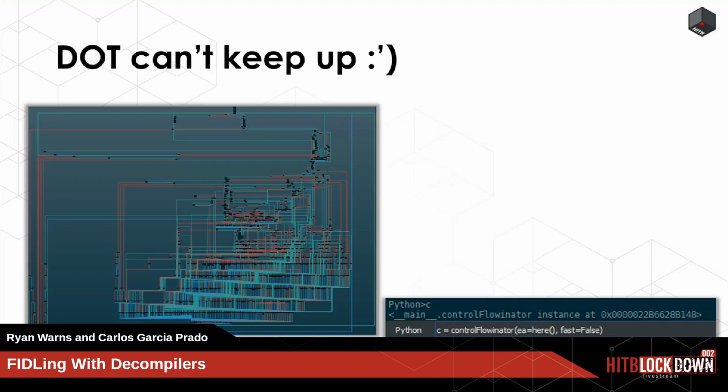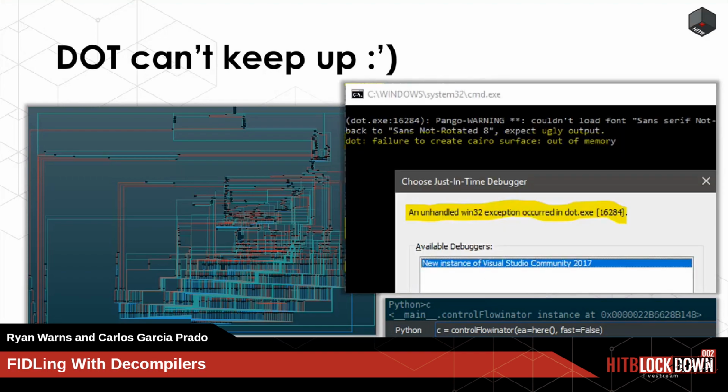I did not display that, but IDA says no problem at all. I just created the control flow initiator object that must be huge. If I try to display it, dot is going to crash, at least on my machine, saying that it is out of memory. So once again, what we're trying to say here is this thing is ready for real life binaries. We have been throwing everything at it, and it works pretty well.